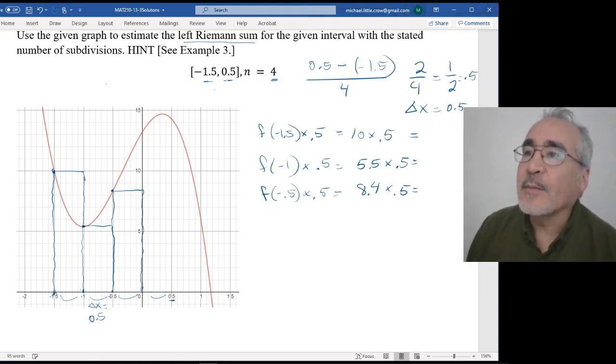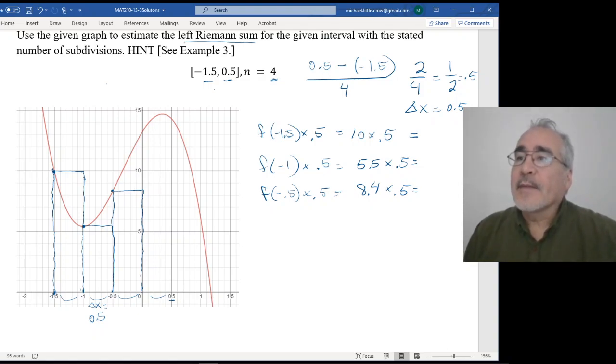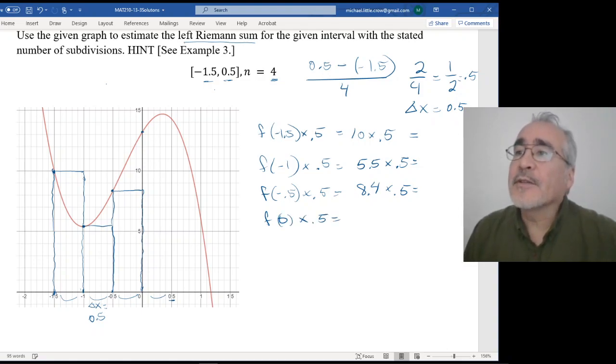Now we're going to have to estimate as best we can. It's not really quite 0.5. I'm going to call it 0.4. Okay, so that'll give us that rectangle. Notice we've got 3 rectangles so far, and then we go to this point here, this is the function value. This is f of 0 times 0.5. f of 0 is going to be 10, 11, 12, 13.